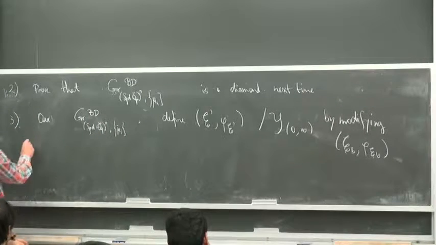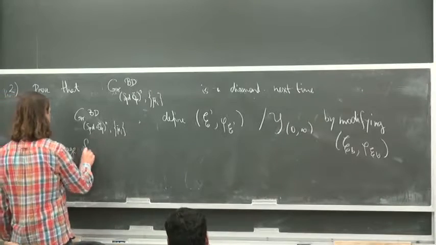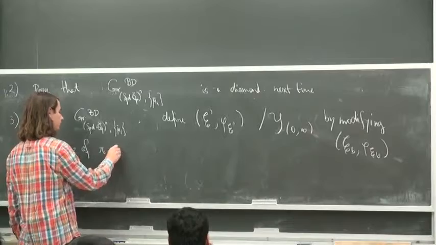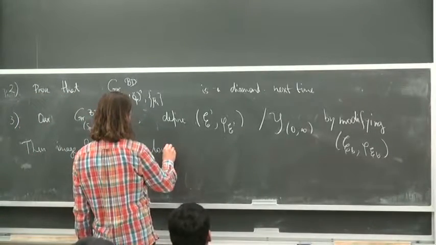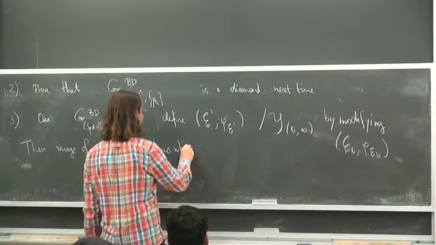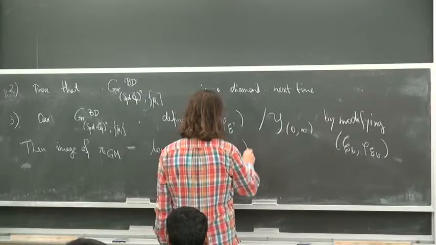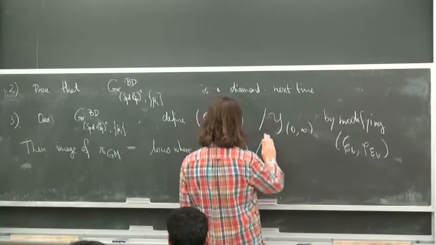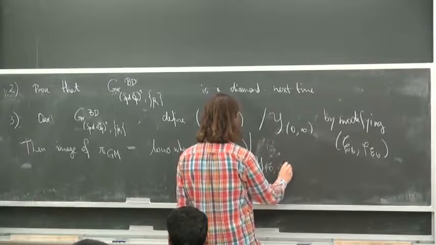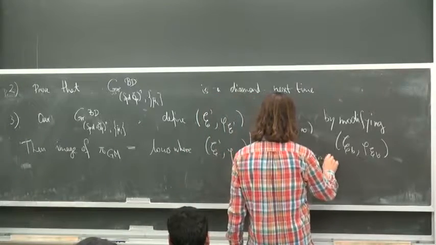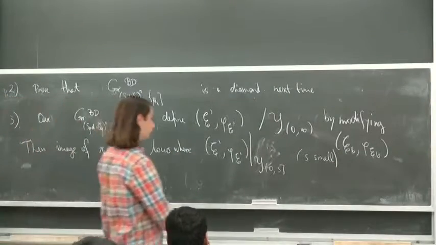So then the image of the Grothendieck-Messing period map will be the locus where E prime near the boundary, so restricted to Y_{0,s}, s so small that phi is an isomorphism there, is trivial.